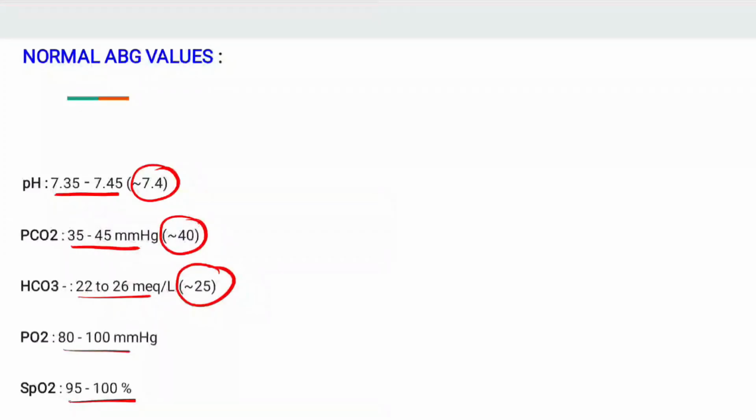So here, what is metabolic acidosis, what is metabolic alkalosis, what is respiratory acidosis and what is respiratory alkalosis? We call it metabolic acidosis if bicarbonate is decreased. Metabolic alkalosis if bicarbonate is increased.